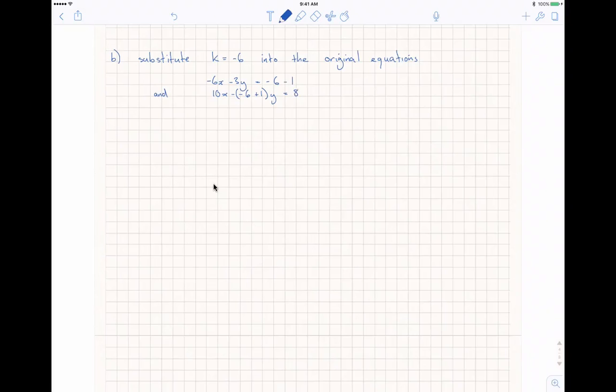I've substituted k into both of those equations, and I'm just going to simplify them a little. So the top equation simplified is going to be minus 6x minus 3y equals minus 7, and the other will be 10x plus 5y equals 8.